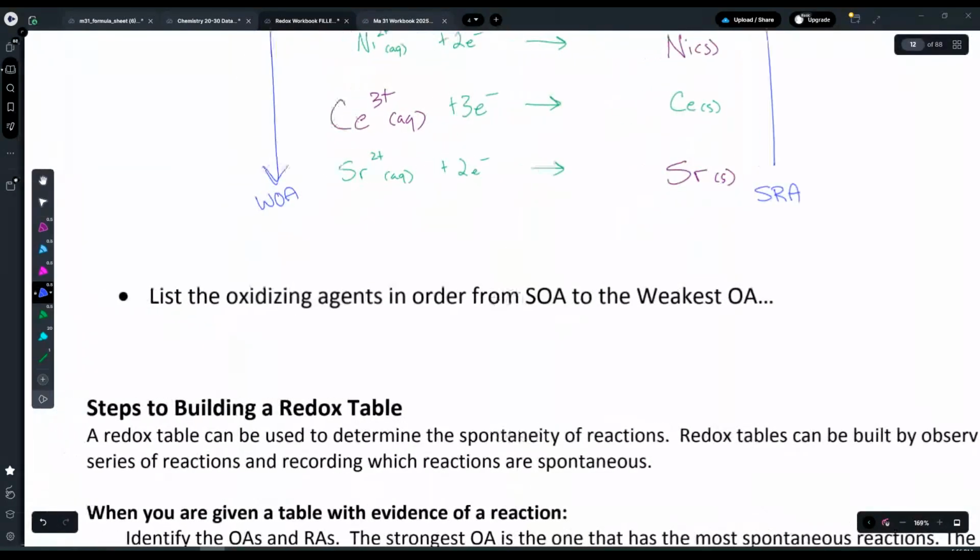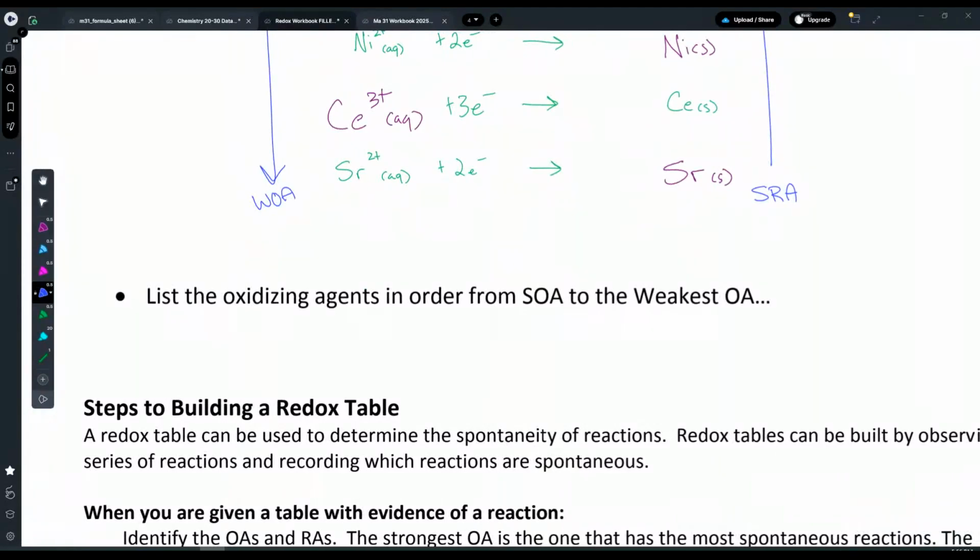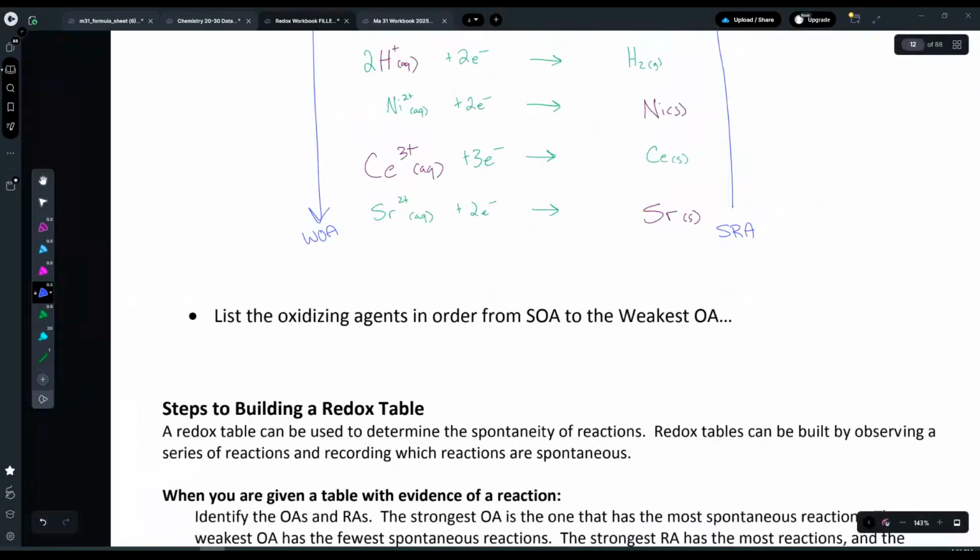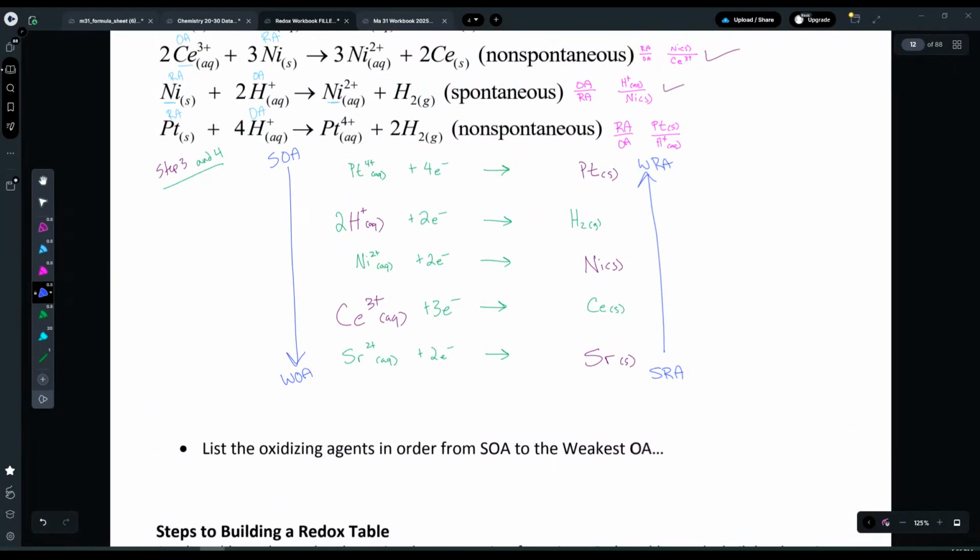So now at the bottom here, it's asking us to list the oxidizing agents in order from strongest oxidizing agent to weakest oxidizing agent. So keep in mind all of our oxidizing agents are on the left-hand side of the reaction arrows here.